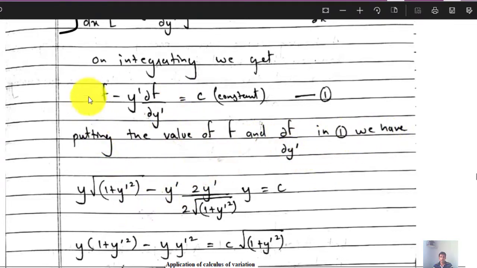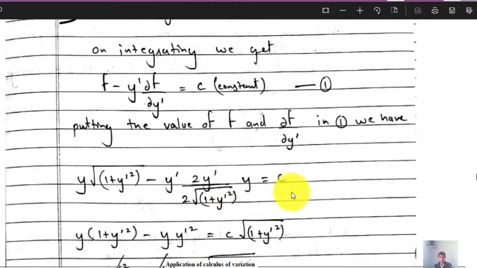Now putting the values of f and dou f by dou y prime in equation 1, what is the value of f? It is y into square root of 1 plus y prime square, minus y prime times dou f by dou y prime, which is 2y y prime divided by 2 square root of 1 plus y prime square, and this is equal to c.